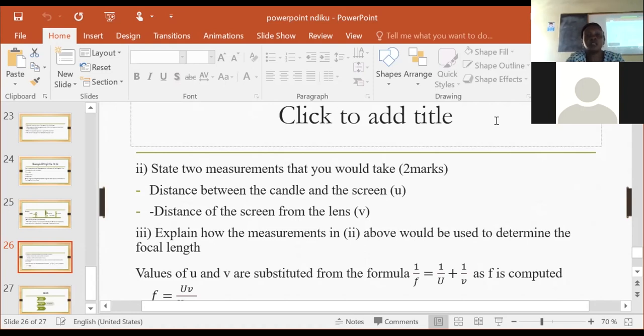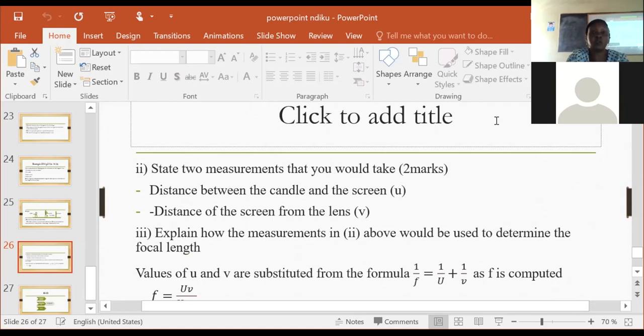You can still decide to determine f by drawing a graph. You can do a graph of 1 over v against 1 over u. We expect to get equal intercepts, then we get the reciprocal to get f.